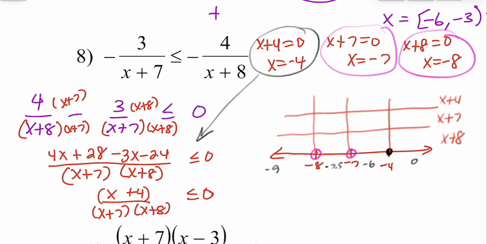Okay, if we plug negative 9 into every single piece, we get negative, negative, negative. 3 negatives make a negative. Now let's plug a negative 7.5 into every single one. If we plug negative 7.5 in, we get negative, negative, positive. Two negatives flip to a positive.